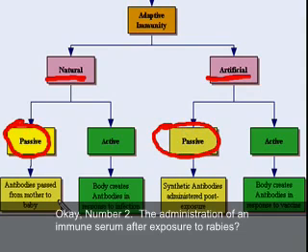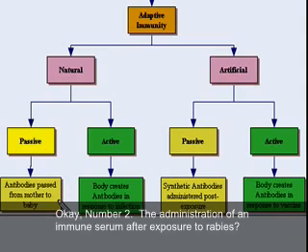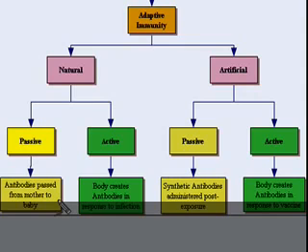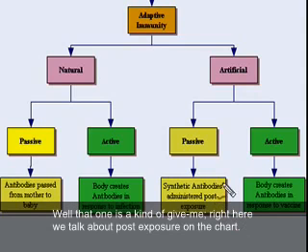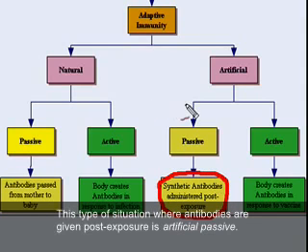Okay, number 2, the administration of an immune serum after exposure to rabies. Well, that one's kind of a give me. Right here we talk about post-exposure. This type of situation where antibodies are given post-exposure is artificial passive.